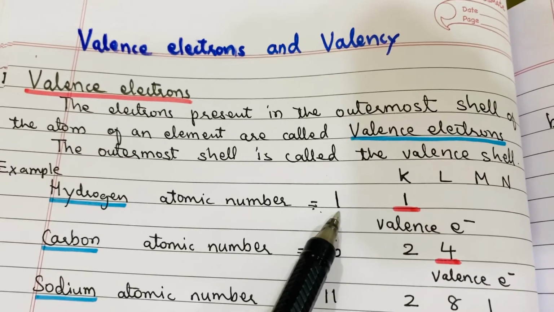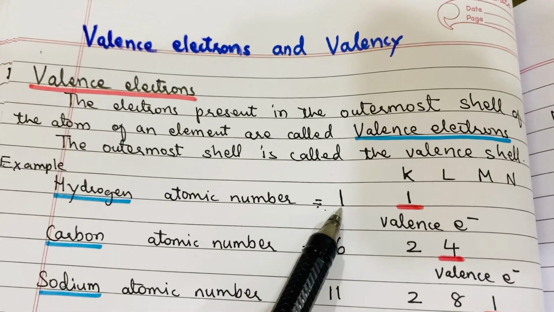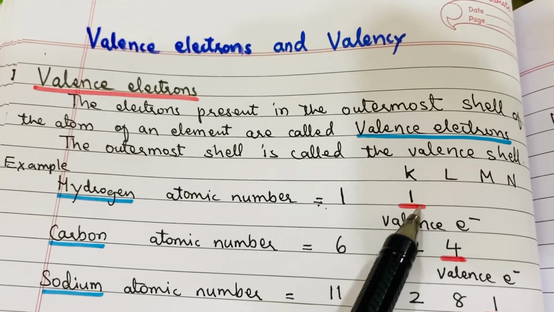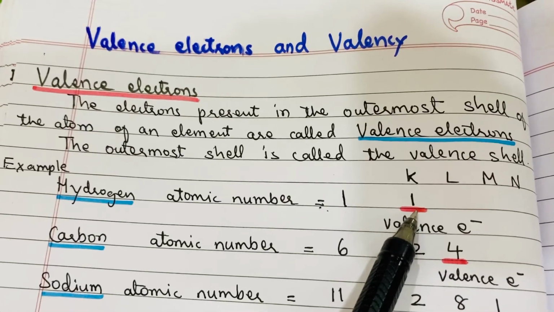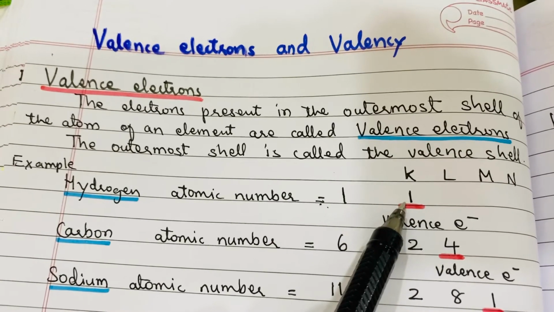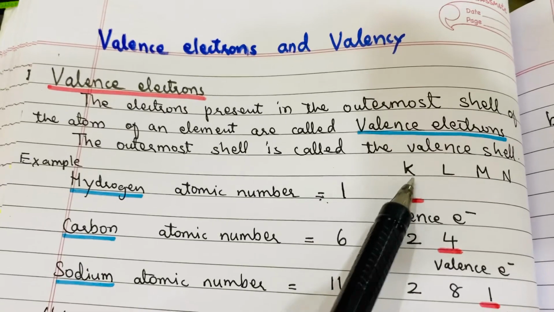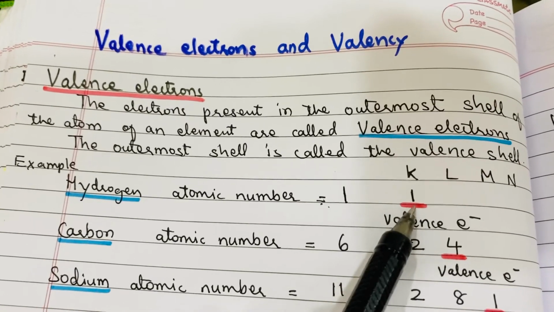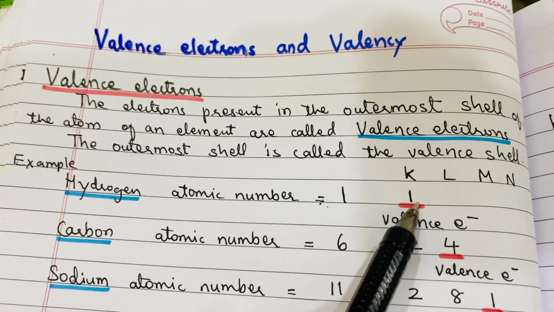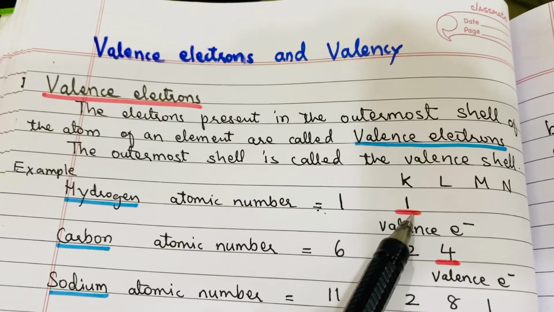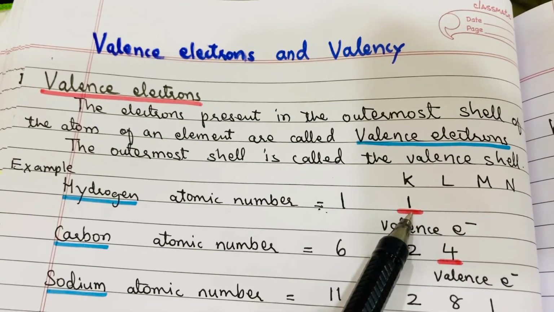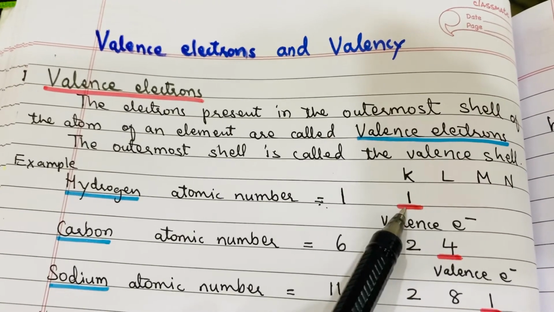Yes, it contains 1 proton and 1 electron. So how is this 1 electron distributed in different shells? It will be located in the K shell, right? Hydrogen has only 1 shell, the K shell. So the valence shell is the K shell. How many electrons are in the valence shell? 1. So valence electrons are 1 here.